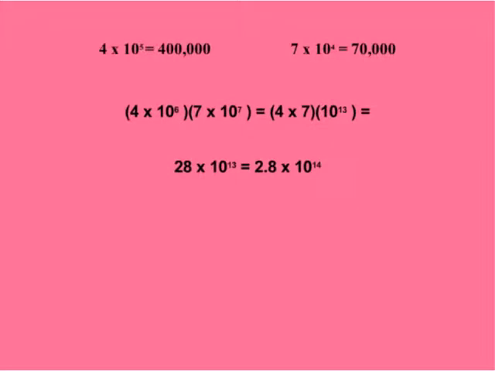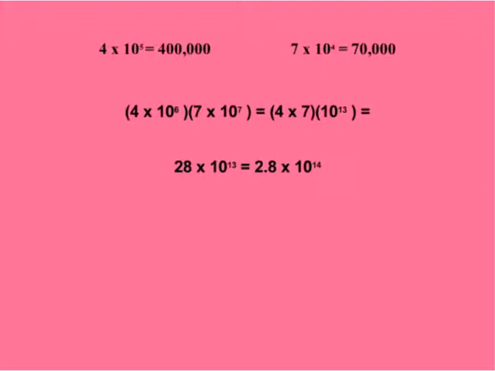Now, if you're multiplying 2 terms that are represented in scientific notation, you're going to want to combine like terms. So if we've got 4 times 10 to the 6th times 7 times 10 to the 7th, combine like terms.